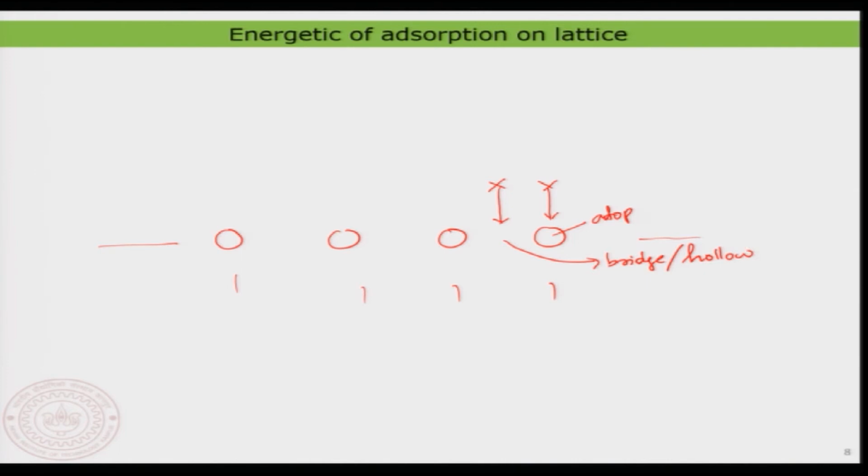Of course, in the side view we cannot distinguish the bridge and the hollow, but the atoms can come to different sites. Now, you see the point. As I mentioned in the previous slide, depending on the coordination number that the atom gains on the surface, the adsorption energy will be higher than in the other situation.